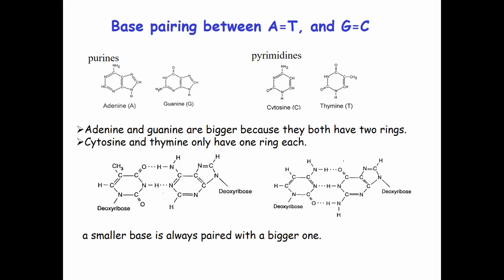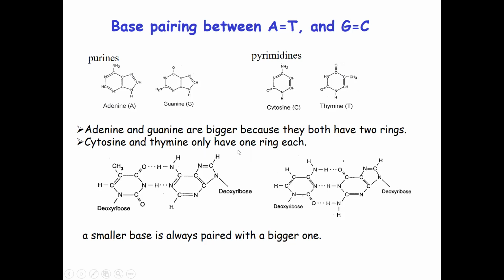Interestingly, why does adenine pair with thymine, and why does guanine pair with cytosine? It is a question. Adenine and guanine are bigger because they both have two rings. Here you can see adenine and guanine both have two rings in the structure, but cytosine and thymine have single rings.